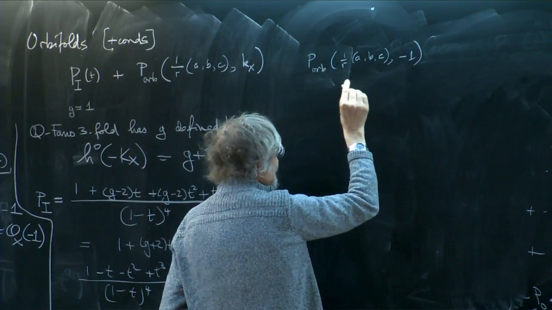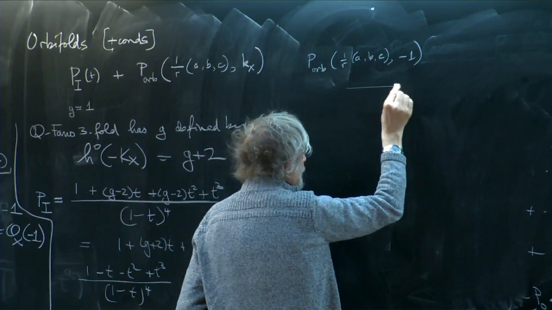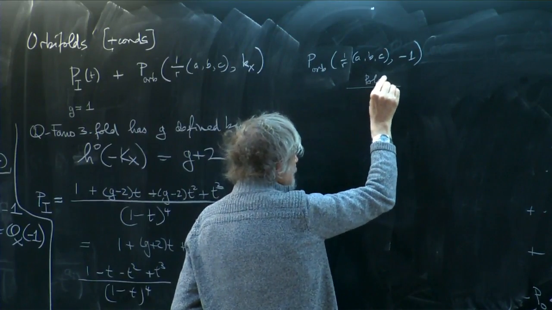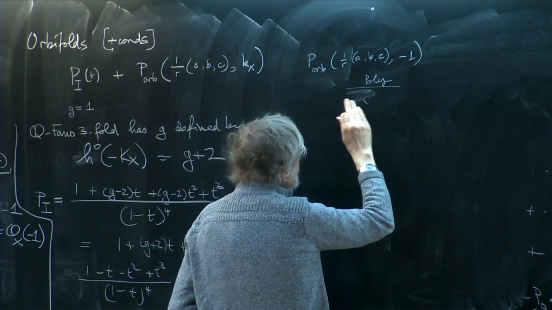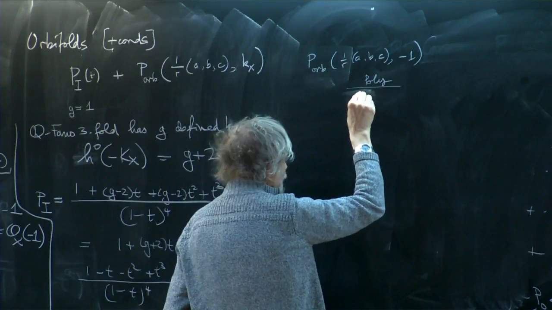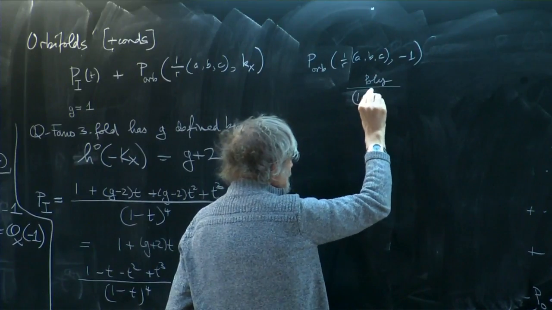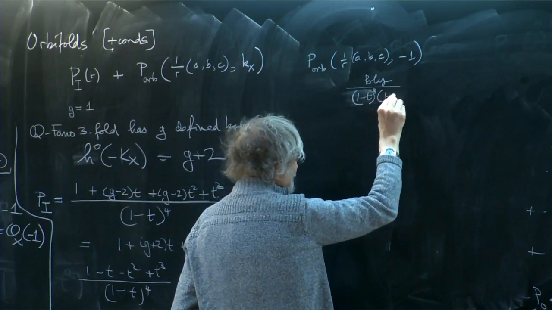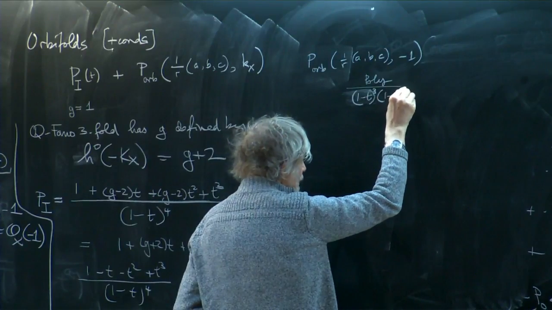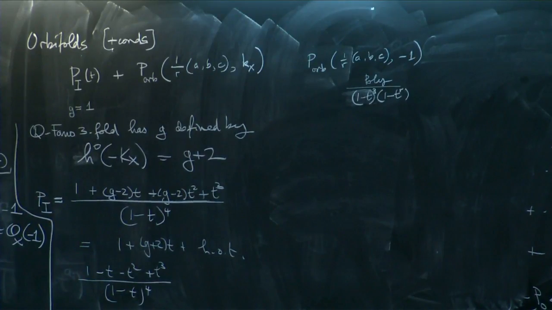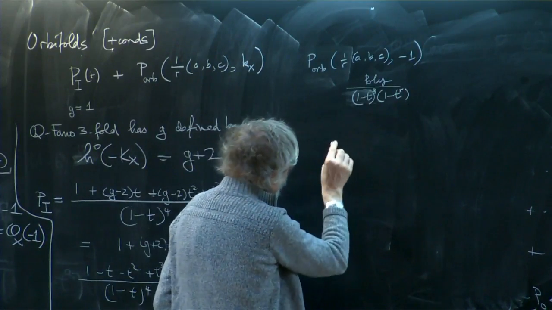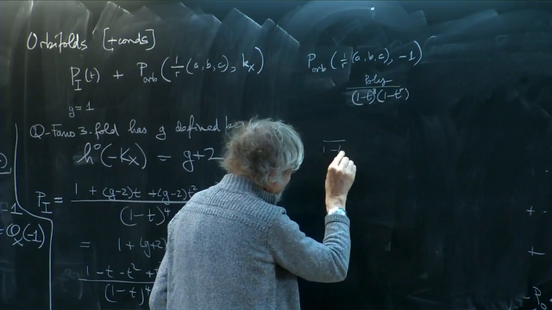This is of the form a polynomial divided by 1 minus t cubed, 1 minus t to the r. The polynomial has some magic properties that I will explain next time.